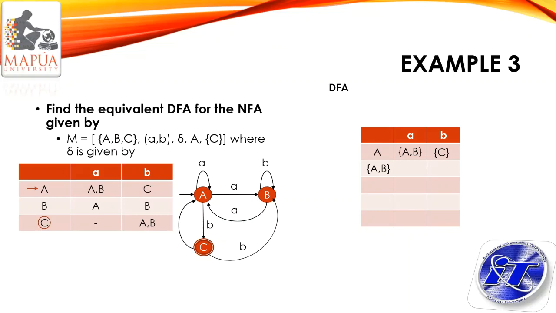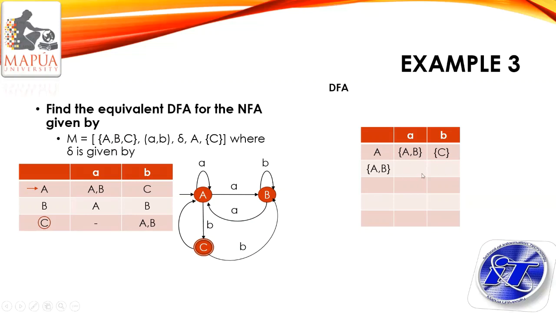Okay. So on A, going back to the NFA, if it's A on A, it will go to A. And in case it's A on B, it will go to A. So what would be the path for this?